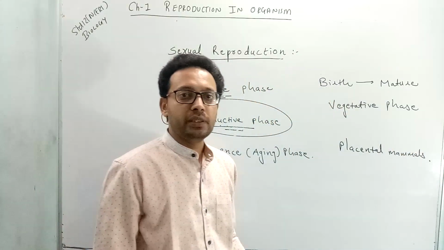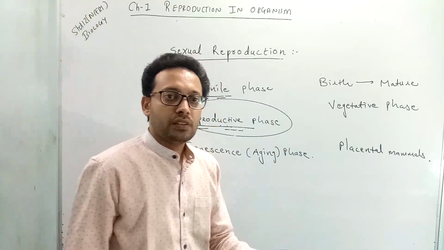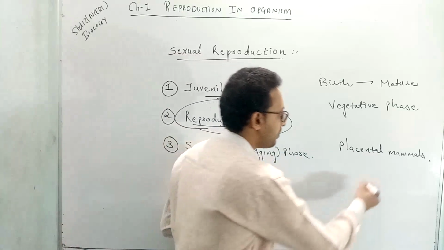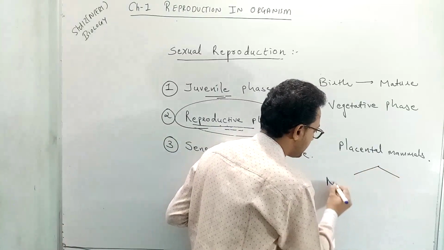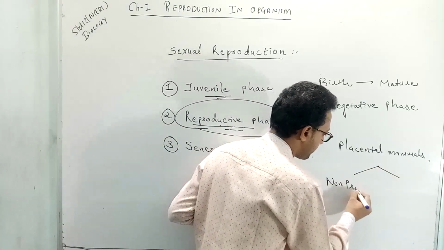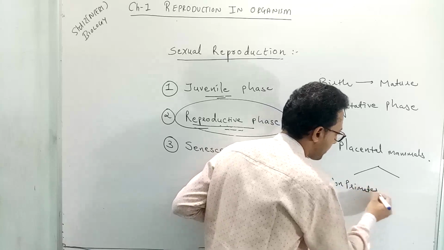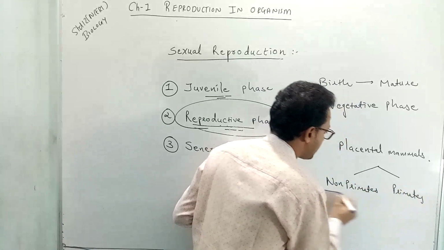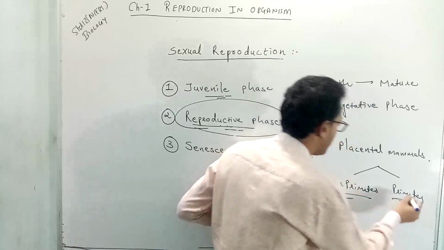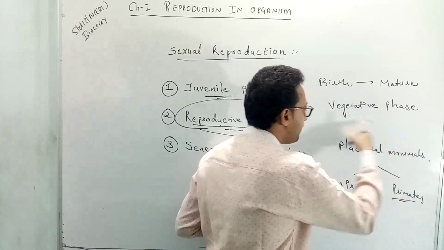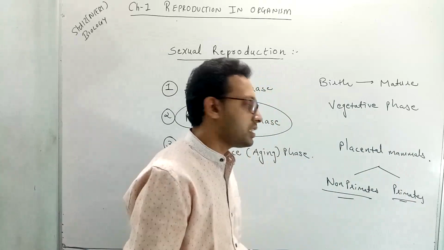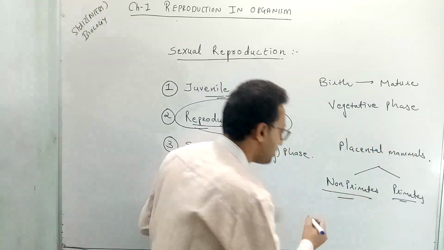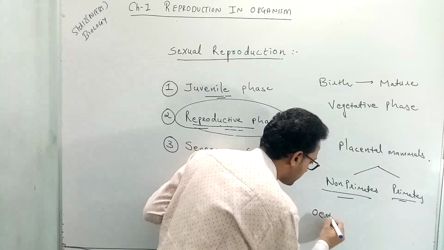in placental mammals, if you check the reproductive phase in females, they may be grouped into two: non-primates and primates. Cyclical changes occur in placental mammal females. The cyclical changes that occur in non-primate females of placental mammals are called the estrus cycle.